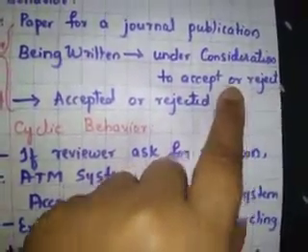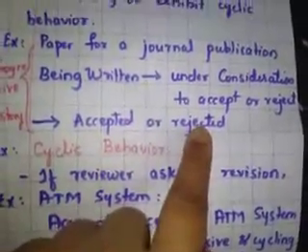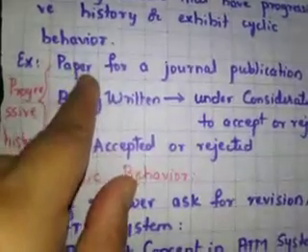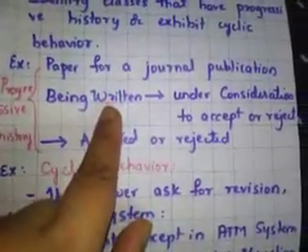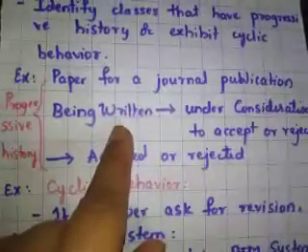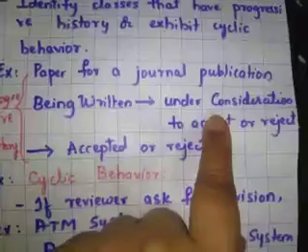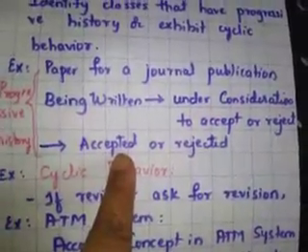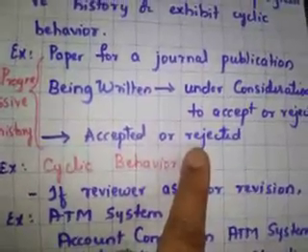So here the paper to be published has a progressive history, with different states. The first state was being written, the second was under consideration, and the next would be the decision taken by the reviewer whether to accept or reject.